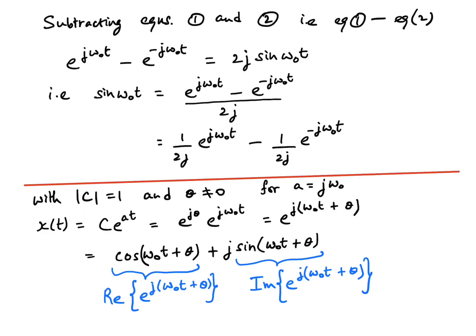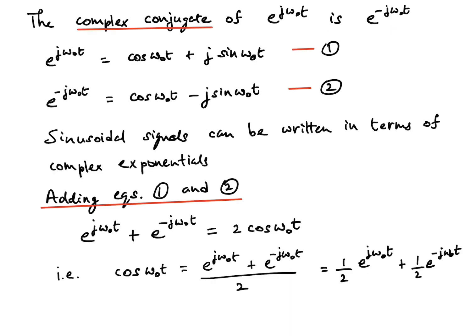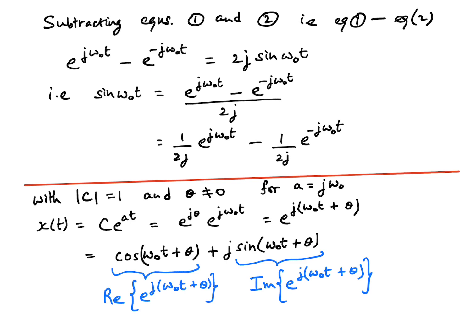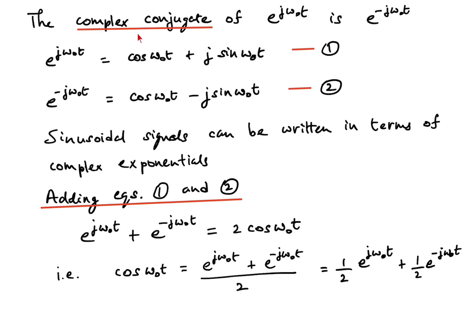Similarly, we will represent the sine waveform in terms of the complex exponentials by subtracting equations 1 and 2. That is, we make equation 1 minus equation 2. When we subtract, we get e power j omega naught t minus e power minus j omega naught t, right? The cosine term will cancel out, and minus of minus will become plus, so this term will add up.